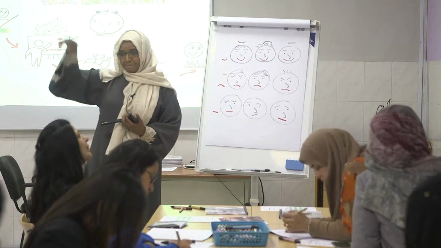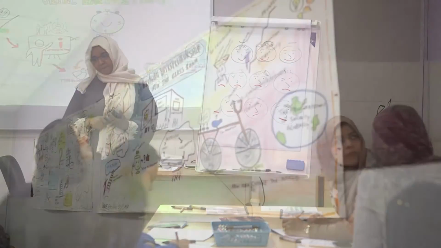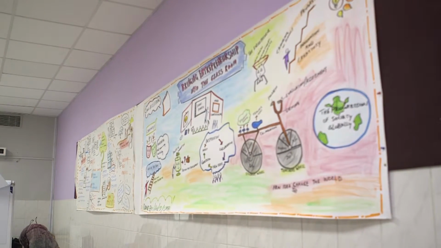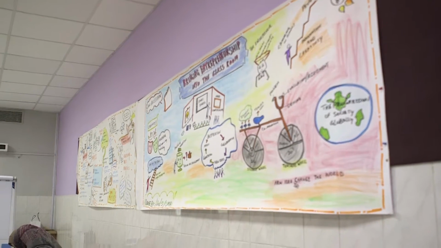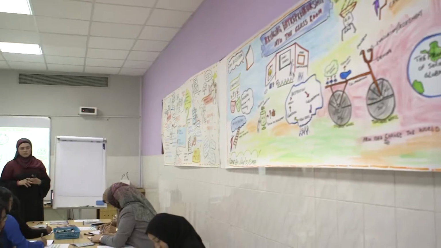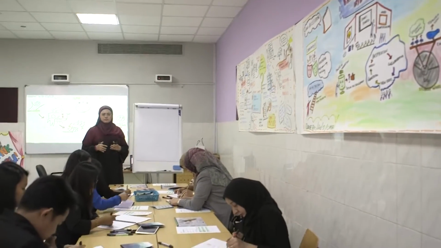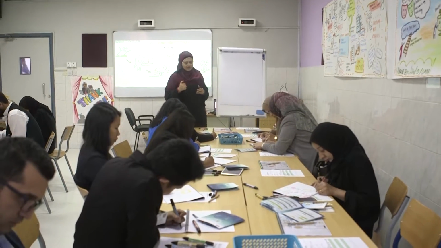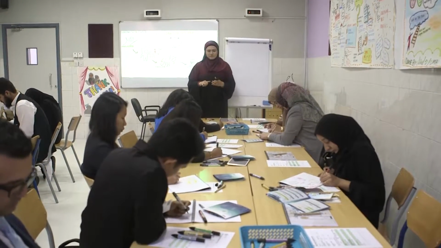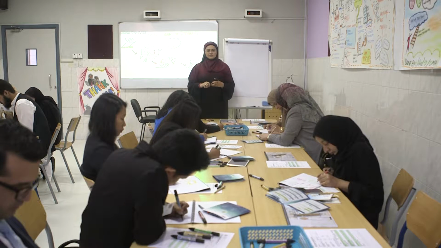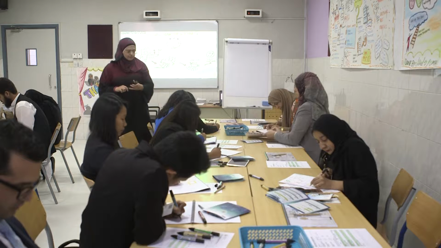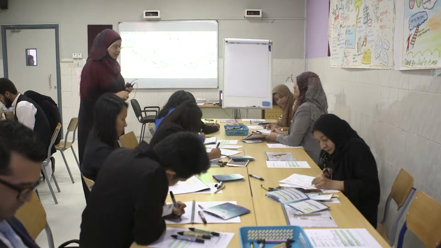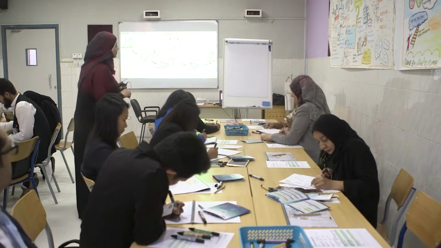What are the words you can associate? Mobile. You can select any brand. You can create your own brand. But it should be a mobile, receiving and sending calls. Excellent.